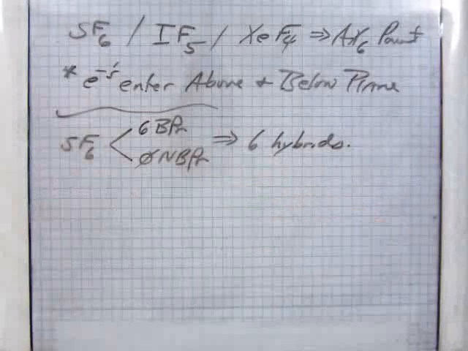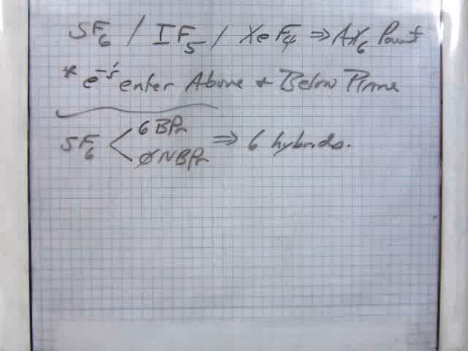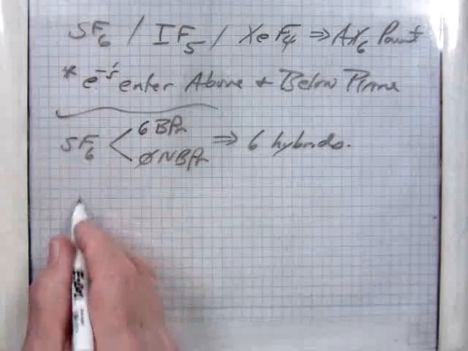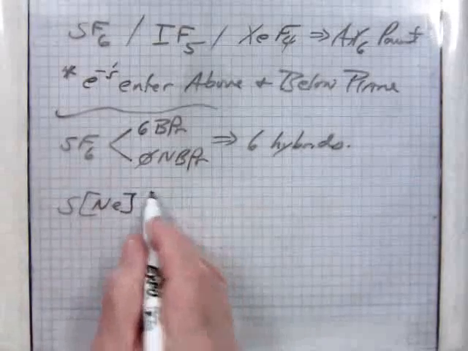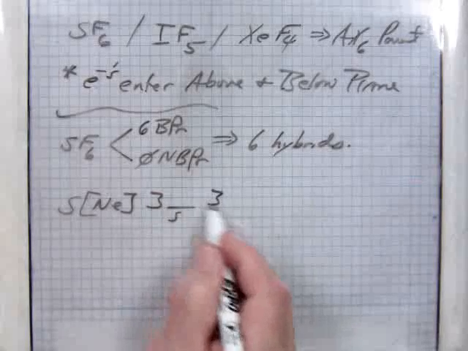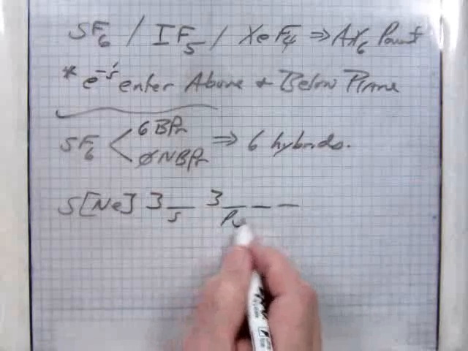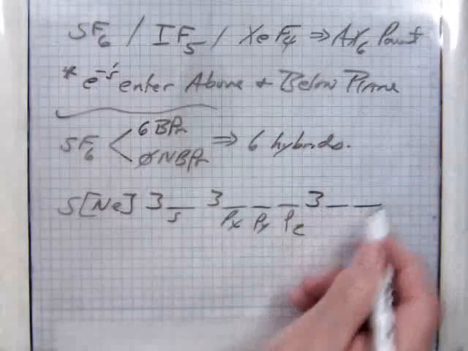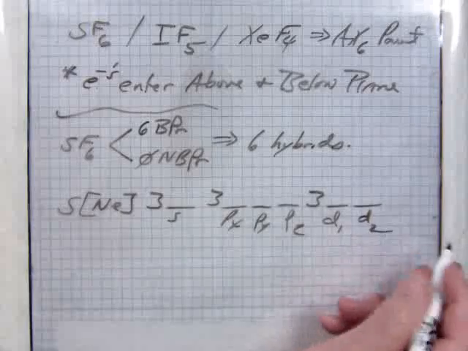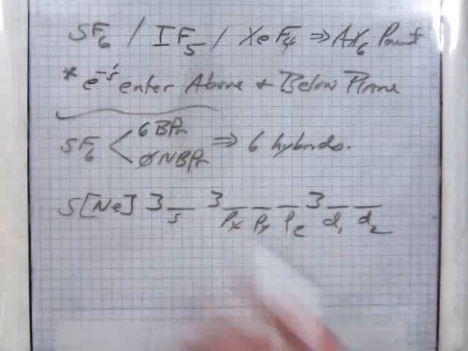So we'll use 2 d orbitals in this one. So it'd be an sp3d2, and those will go into the octahedral configuration. So sulfur, which has a neon core, 3s, 3px, py, pz, and 3 d's, and we just take 1 and 2 in the configuration.